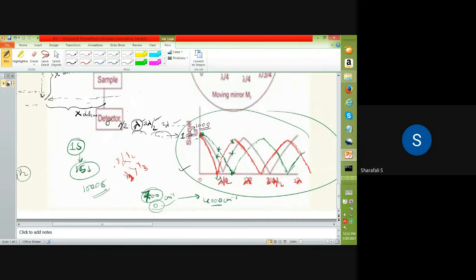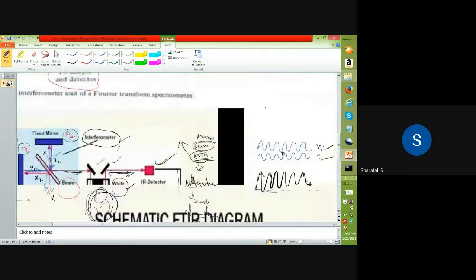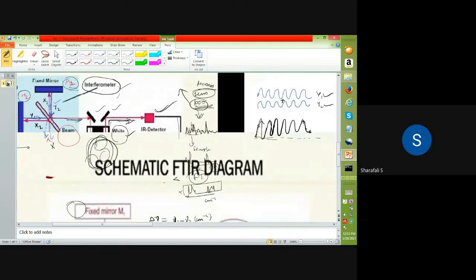So we'll have a large number of such frequencies, mu1, mu2, mu3, mu4, etc. A very large number. We can't imagine how complex the spectra will be. And only after this interference, the radiation will go to the sample.